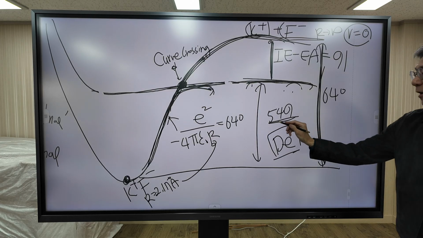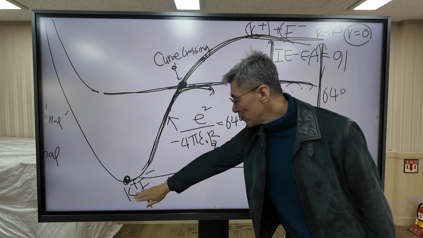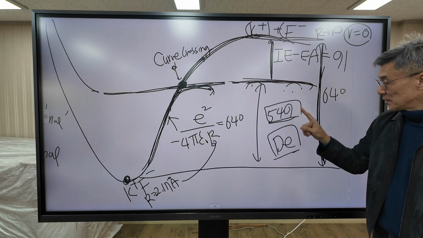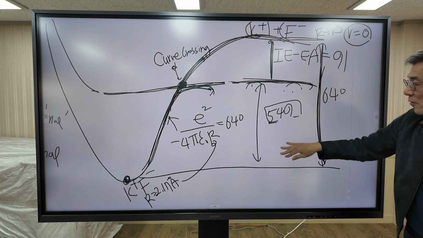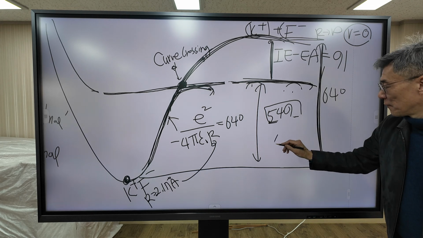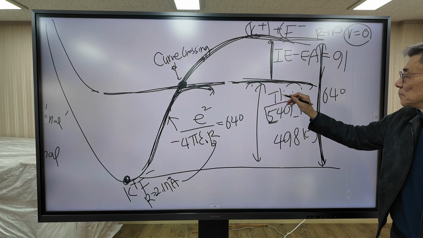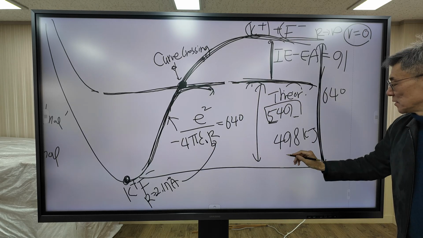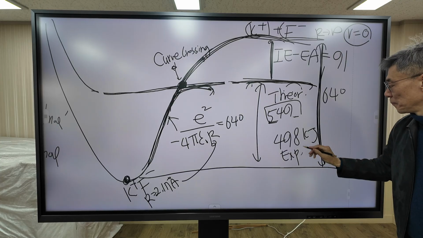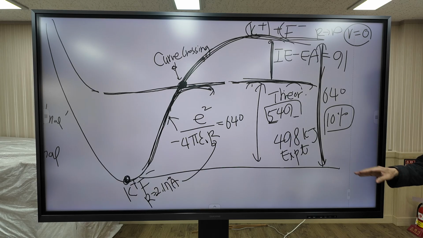This is a theoretical prediction of bond dissociation energy of K plus F minus. According to experimental result, the value is actually 490 kilojoule. This is theoretical, this is experiment. So approximately 10% error occurs, but it gives a fairly good estimate.